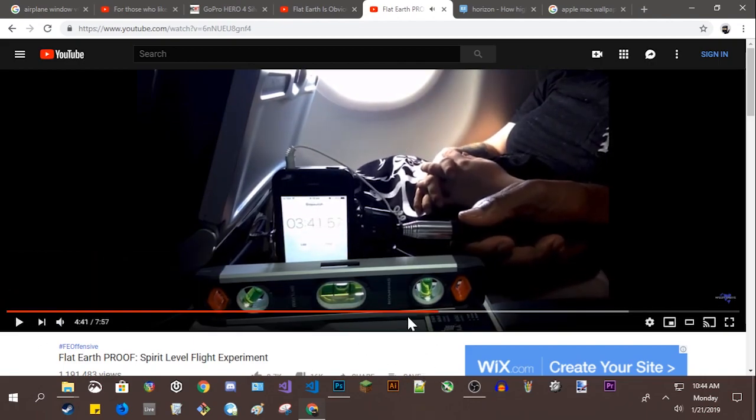If you look at the level there, it's completely flat at cruising altitude.